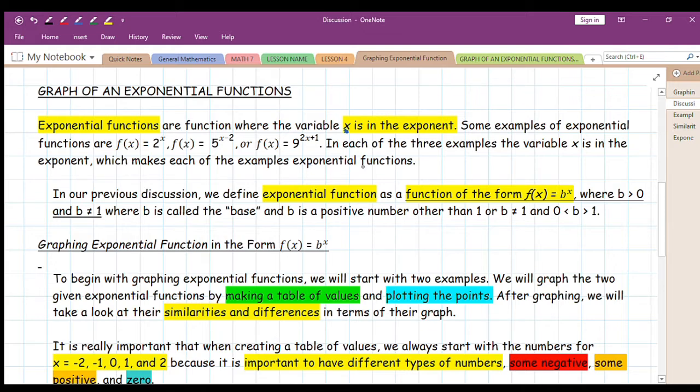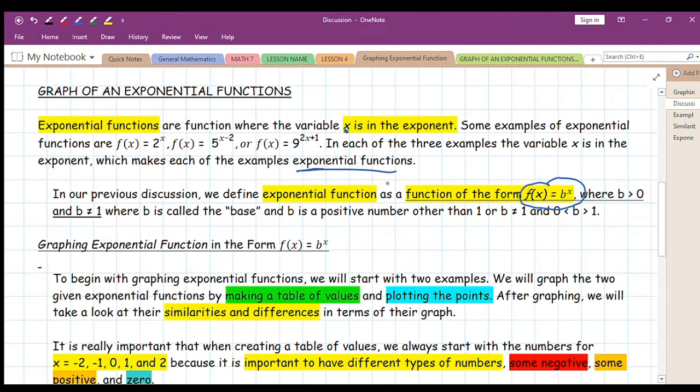Okay, in our previous discussion, we defined an exponential function as a function of the form f of x is equal to b raised to x, where b is greater than 0 and not equal to 1.